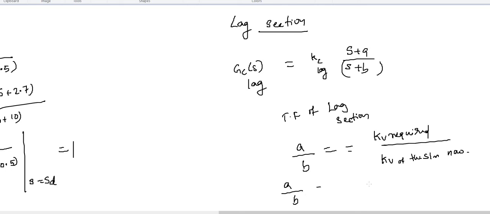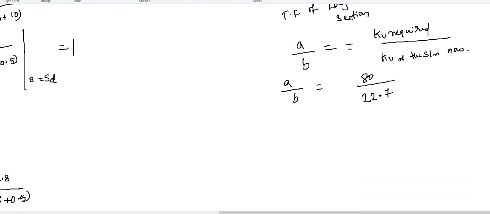So a by b is equal to 80 divided by the velocity error constant with the lead compensator, which is 22.7. So with respect to that we have to select a and b.